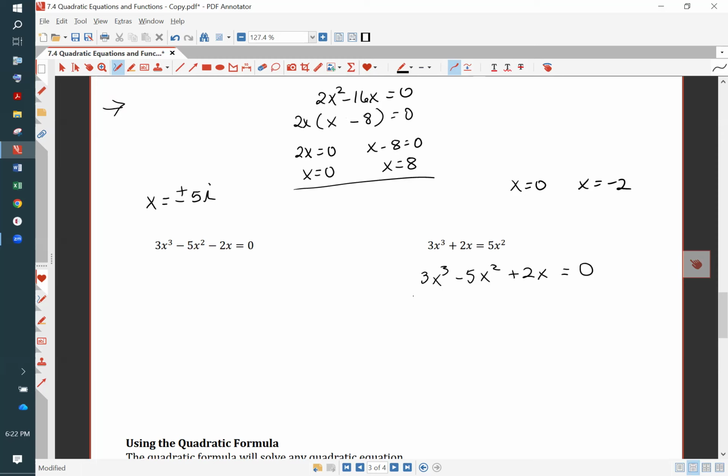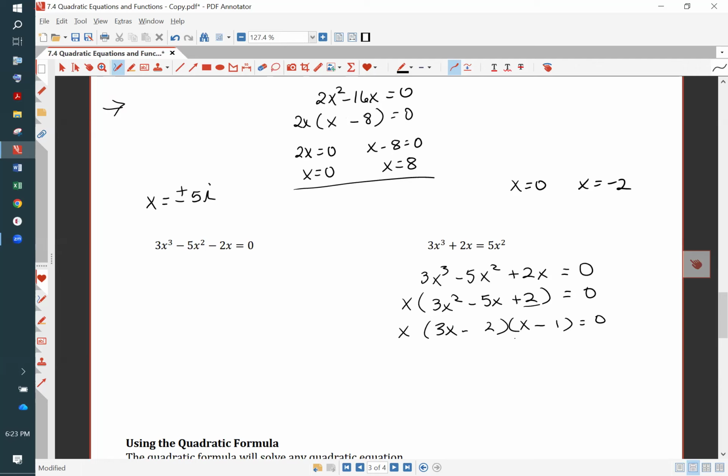All right, so now, well, actually, first we need to factor out an x because there's an x in every term. Now we're gonna do some trial and error factoring. We should know by where the minus sign is that both of our factors are gonna have minus signs in them. So it's just a matter of where to put the 2 and where to put the 1, the factors of 2.